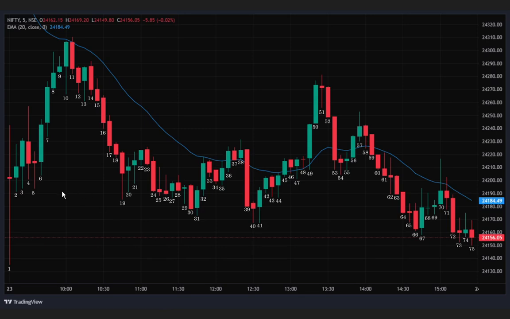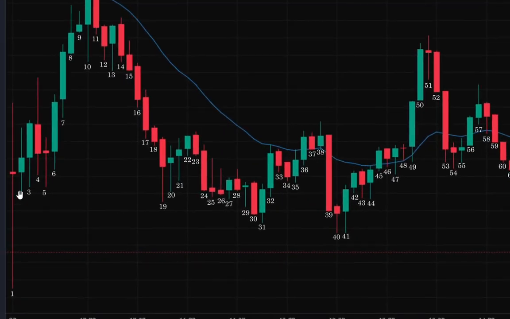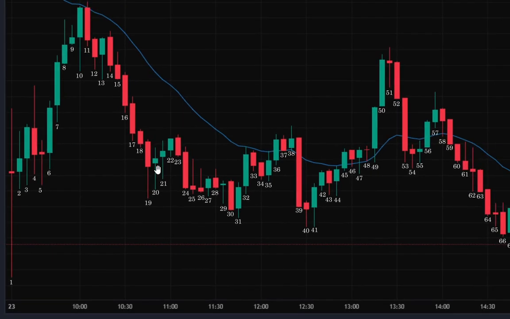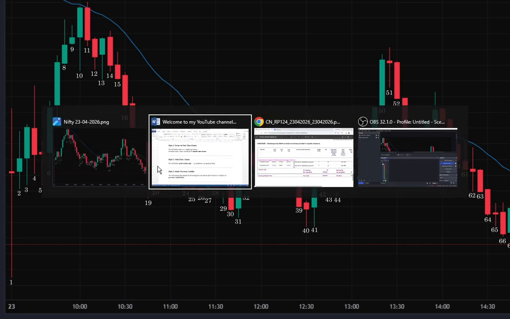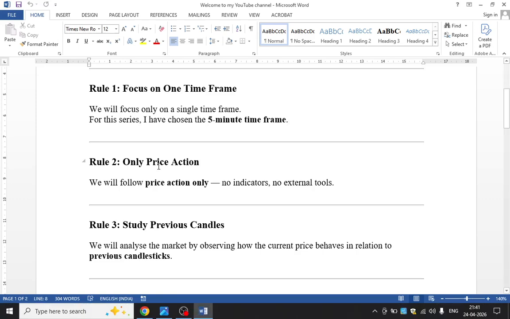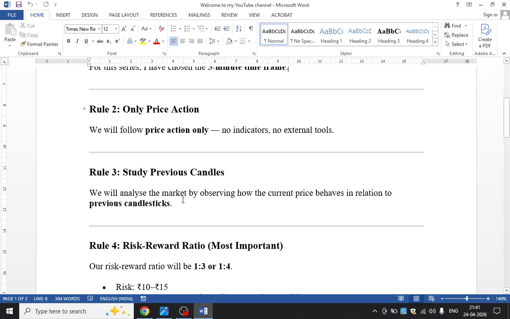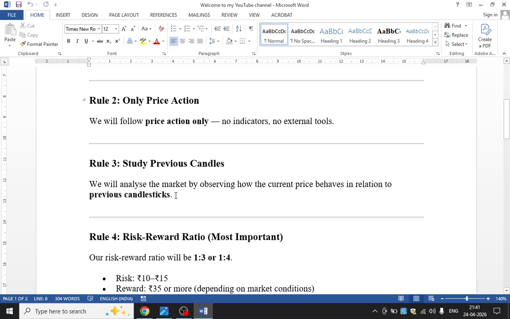It means I read each and every bar while it is forming, and what the price is doing in relation to previous candles, which allows me to give a probability on which direction the price is going to move. Based on that, I trade my option selling. So I study candlesticks, nothing else, and price behavior relative to the previous candlestick.